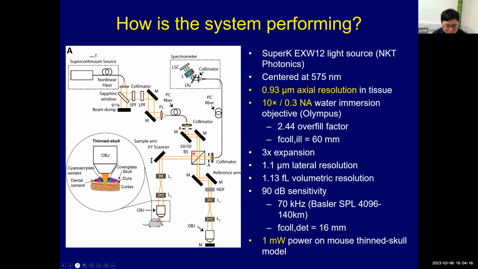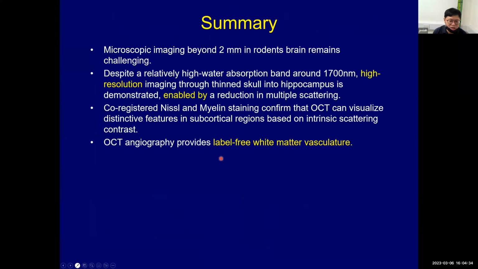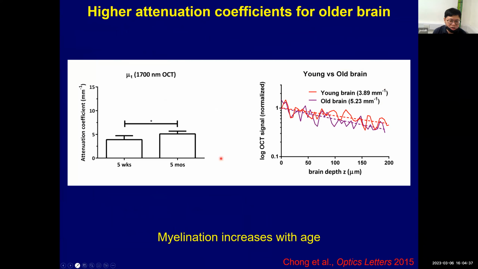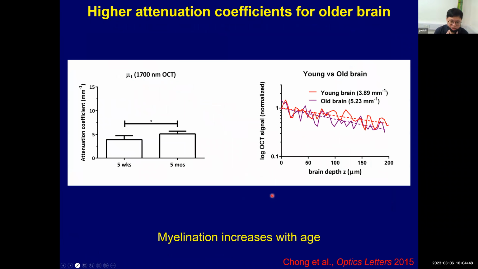But in the detection, we use a moderate NA so that the detection will be maximized to minimize loss. This is not possible if you use a geometry like this, for example, because your excitation and your emission use the same objective, so you cannot control the NA independently.